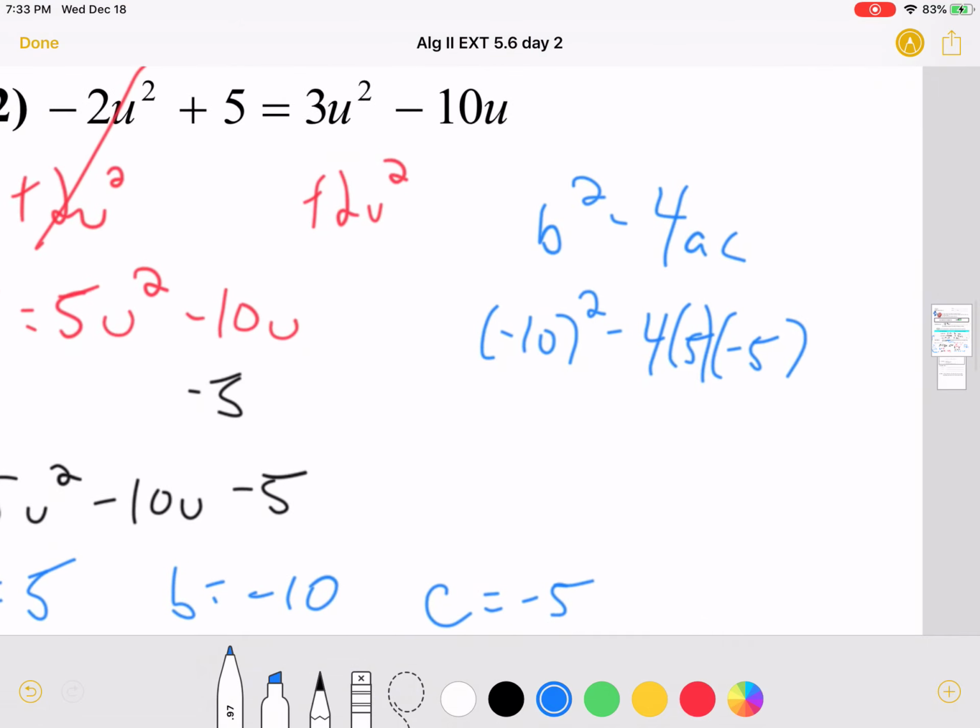Negative 10 squared, so negative 10 times negative 10, should give you 100. Now, I'm going to multiply these three numbers together. Remember, it's negative 4 times 5 times negative 5. Negative 4 times 5 is negative 20. Times negative 5 gives you a plus 100. So we get 100 plus 100 is 200.